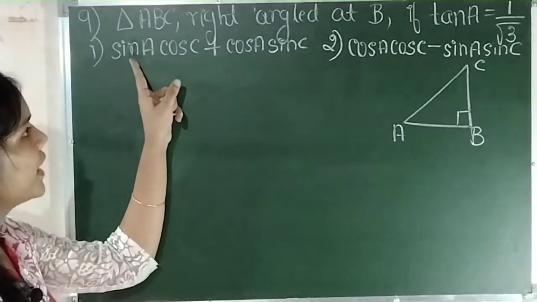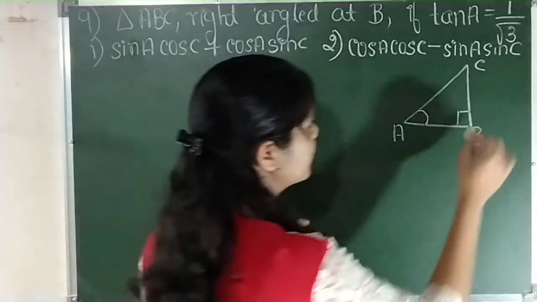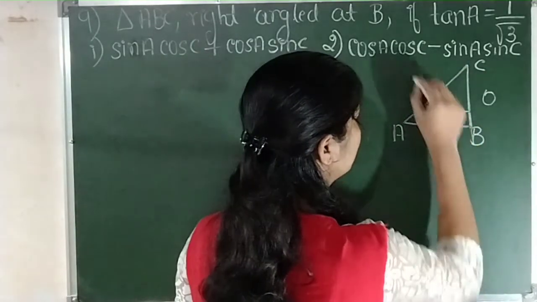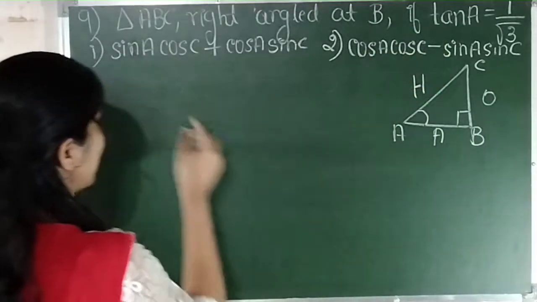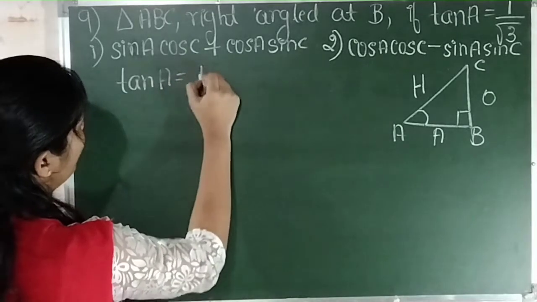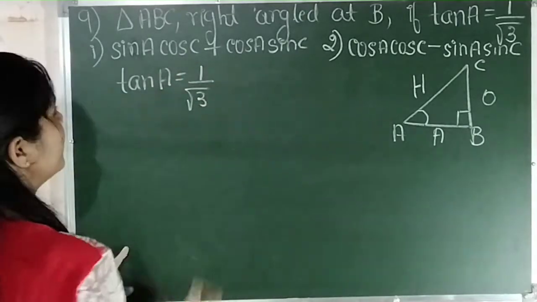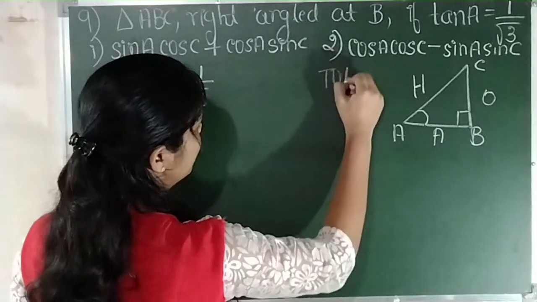First let us find sin A. So the angle is present at A. They have given tan A is equal to 1 by root 3. We know tan A is nothing but opposite by adjacent.